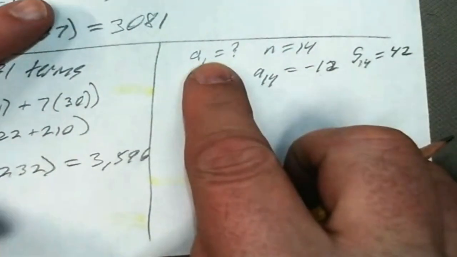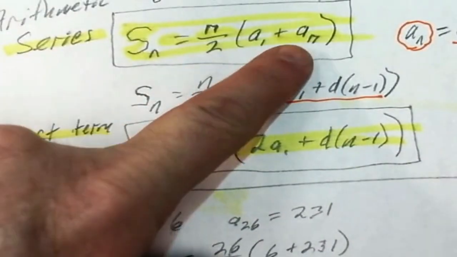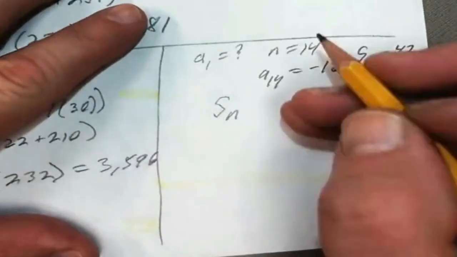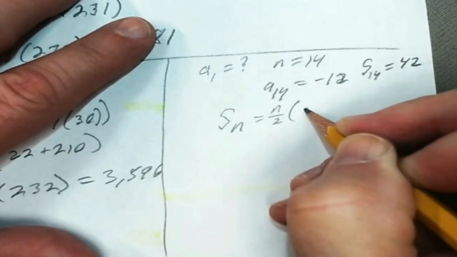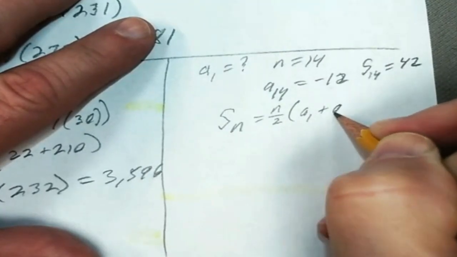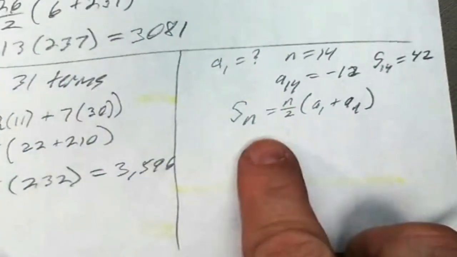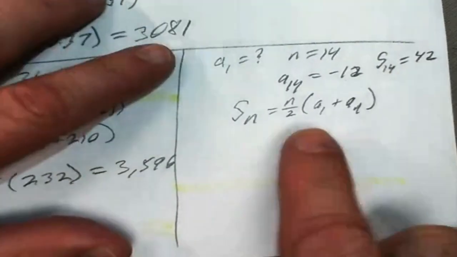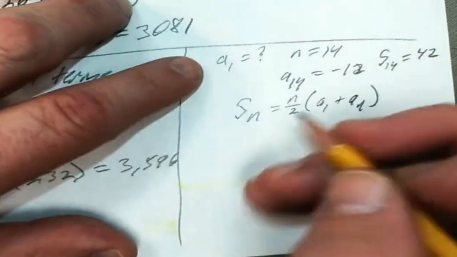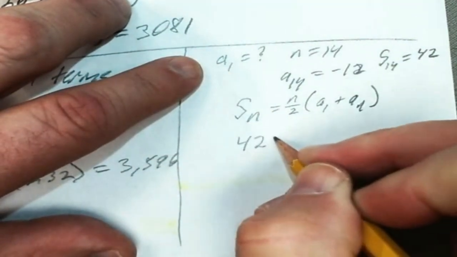We need to know a sub 1. We can use this formula because we know the last term. So I'm going to write that formula down here. n divided by 2 times a sub 1 plus a sub n. And we're kind of working backwards. We're going to fill in everything we know here, which we know the total. So 42 is what the sum equals.